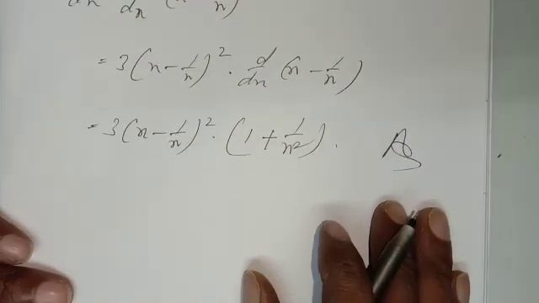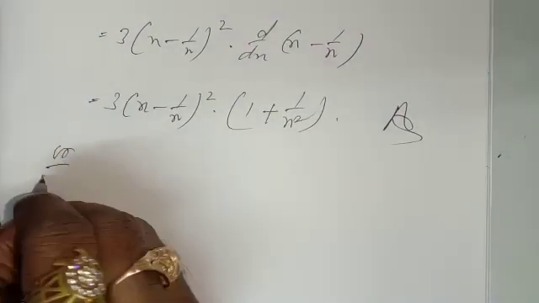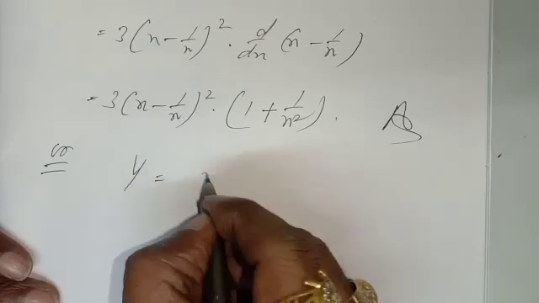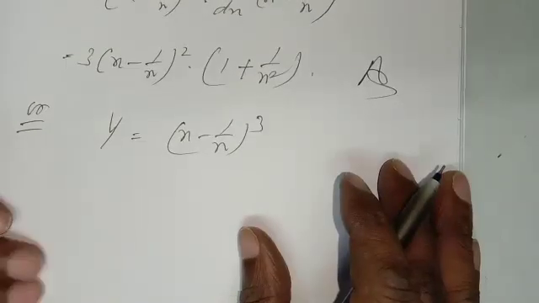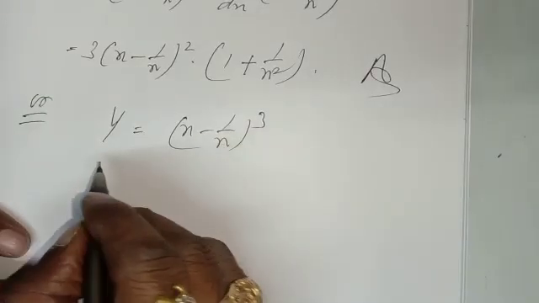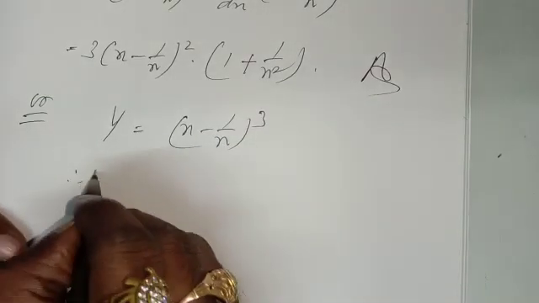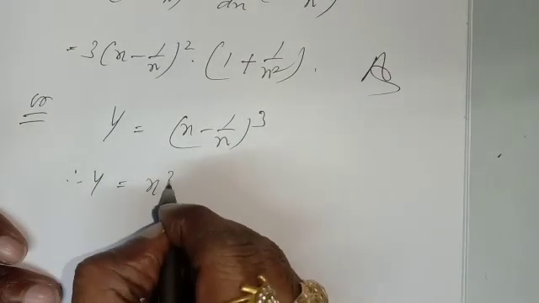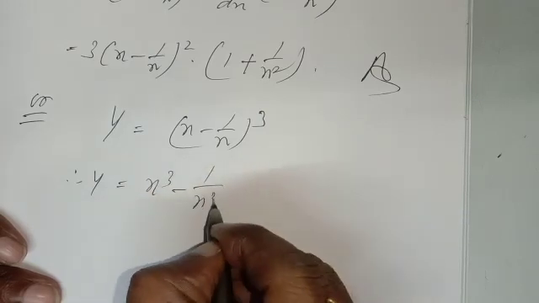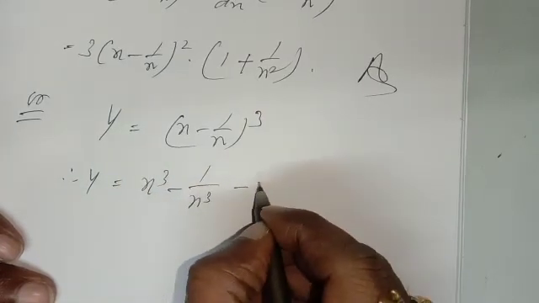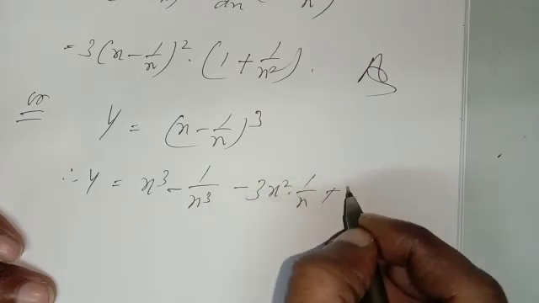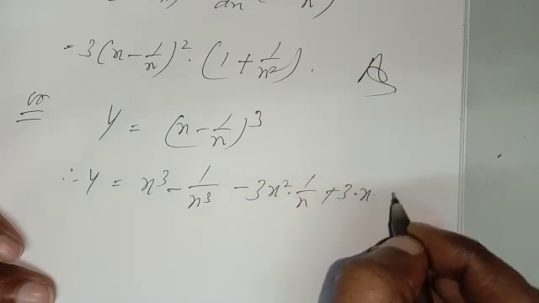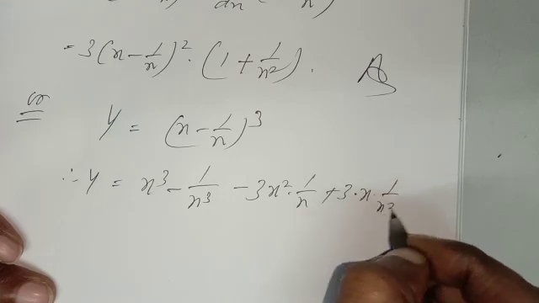In another method you can do it, or I am writing, just open the bracket, expansion formula. Therefore, y will be a cube minus b cube minus 3a square b plus 3a b square.